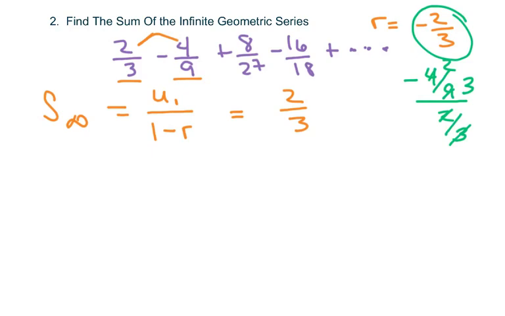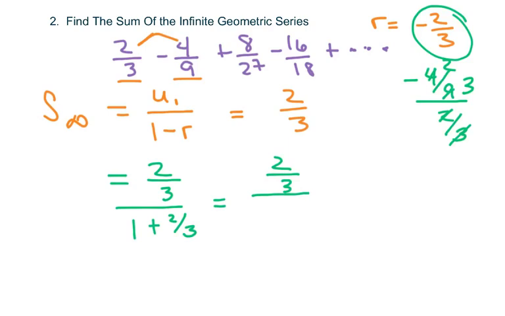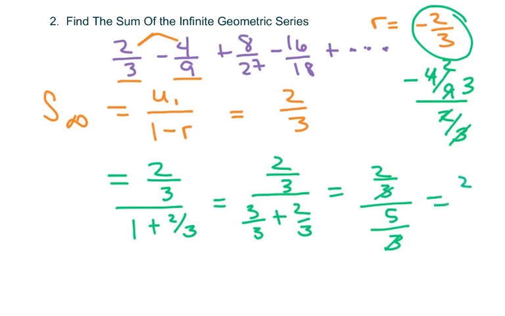Now you just plug into your formula and you get 2/3 over 1 minus a negative 2/3, which is 1 plus 2/3. This is the same as 2/3 over 3/3 plus 2/3, which equals 2/3 over 5/3. The 3's cancel. That equals 2 over 5.